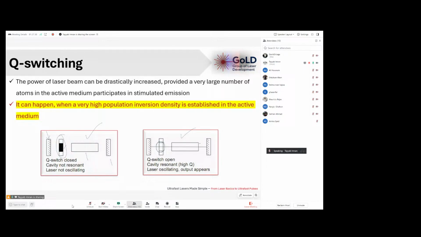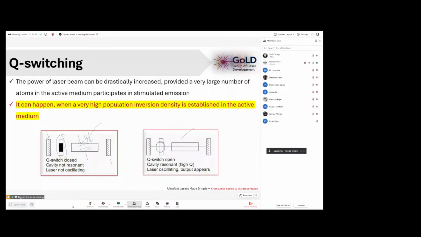When it is blocked, pumping is going on. The laser is not off, everything is turned on. The pump is there, this is the gain medium. Population inversion is going on, stimulated emission is going on.